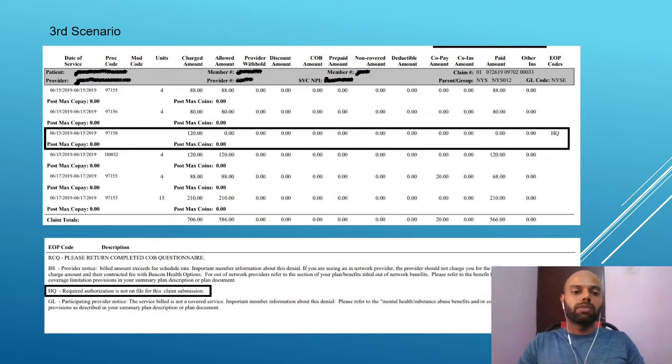Authorization YYY is for 97158, and the authorization for H0032 is ZZZ. When an authorization is exhausted, or if the authorization is not obtained for 97158, that results in a denial for that particular CPT alone. So always check whether all CPT codes got authorized or not.